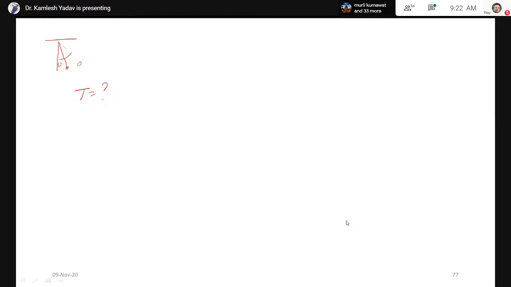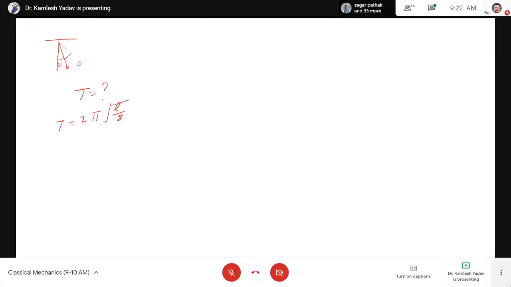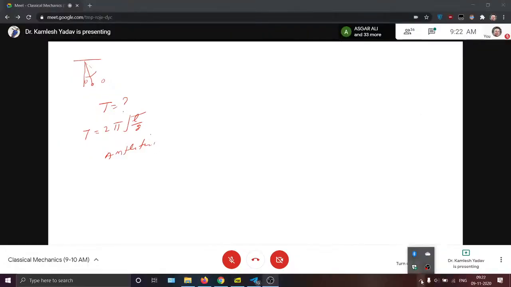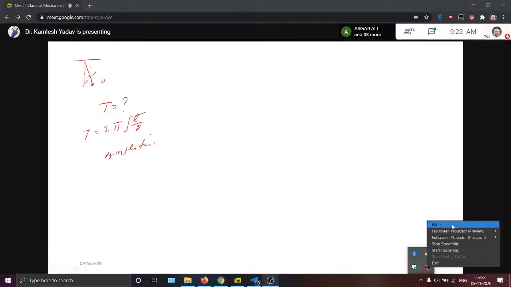Theta is still small. In that case, the time period does not depend upon the amplitude. This is the only case if theta is very small.